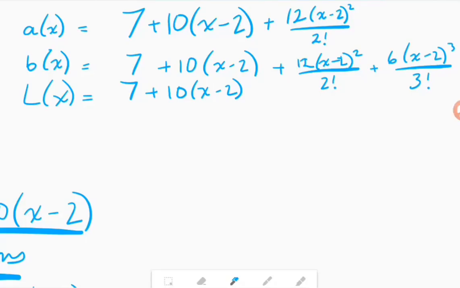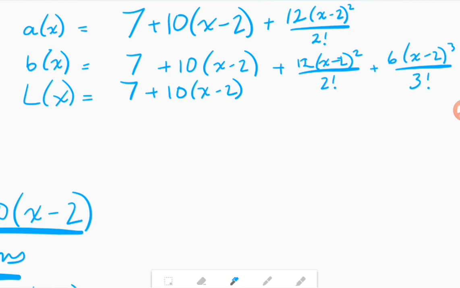Alright, so we're back here, and I have all of the functions that I graphed previously on Desmos. I wrote them down over here. So we have the linearization, and then we have the quadratic, and then we have the cubic function. As we saw before, as I added terms of greater powers, as I added more and more stuff, I got better approximations.